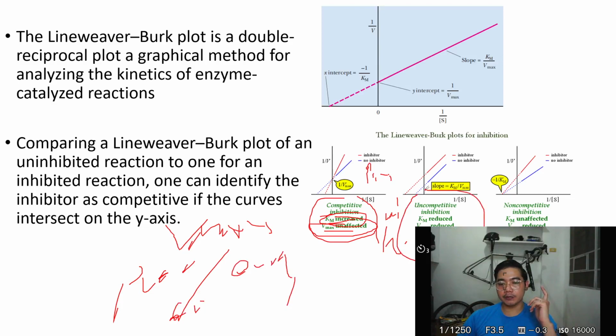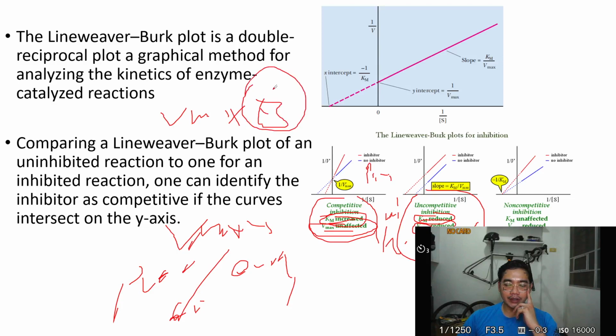So you have your uncompetitive, the ES complex, your Km is reduced and your Vmax is reduced. You have a reduced Vmax because once your uncompetitive inhibitor binds to the ES complex, it can no longer be used. So your total enzyme population or your concentration is now decreased.